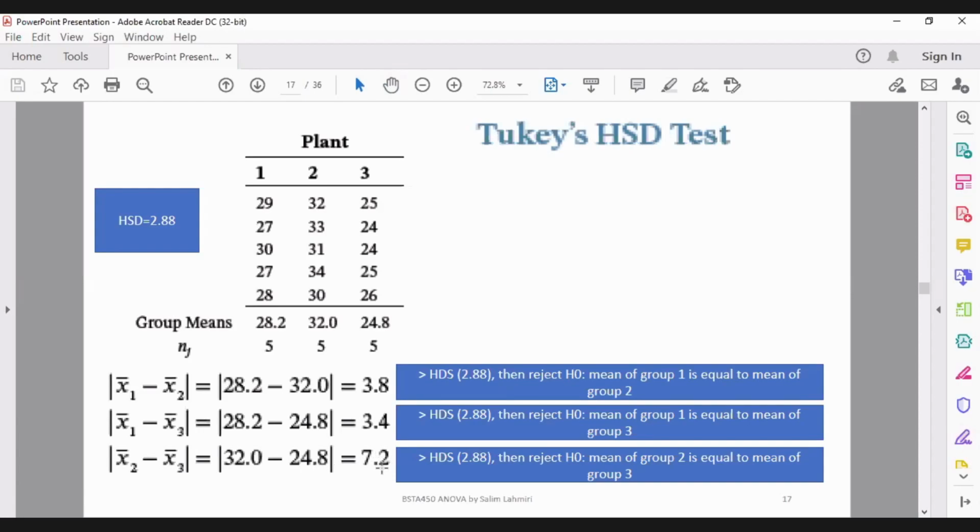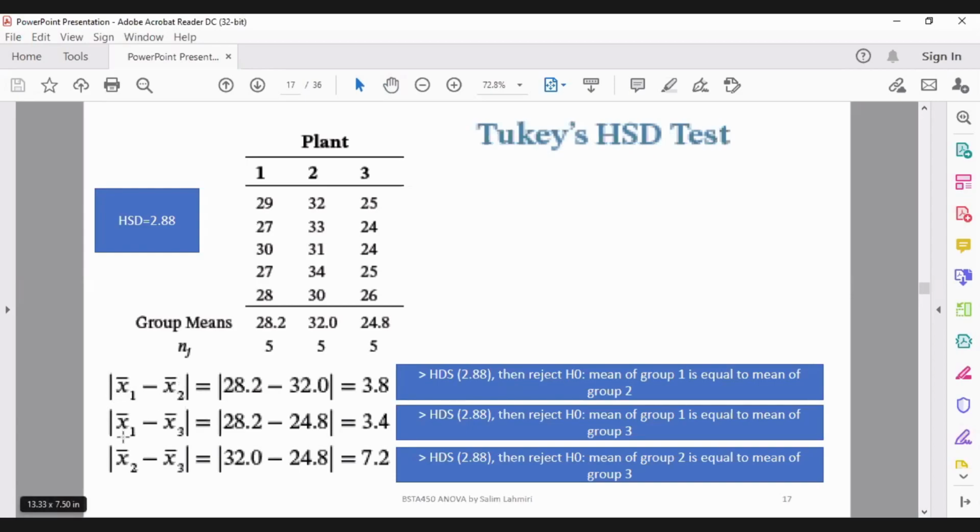The goal is to check whether the mean of x1 minus the mean of x2 is equal to 0, the mean of x1 minus the mean of x3 is equal to 0, and the mean of x2 minus the mean of x3 is equal to 0. Because if x1 bar minus x2 bar is equal to 0, it means that x1 bar is equal to x2 bar.